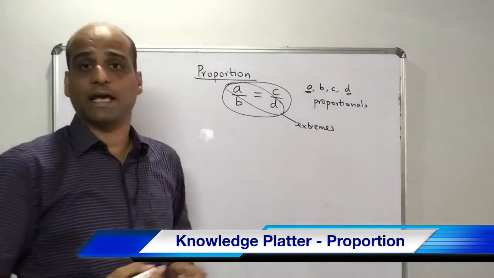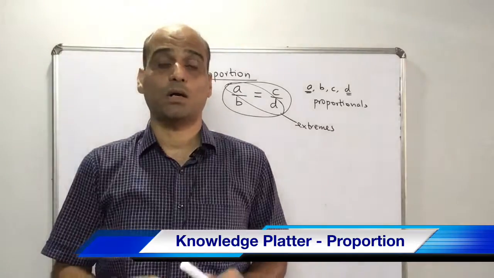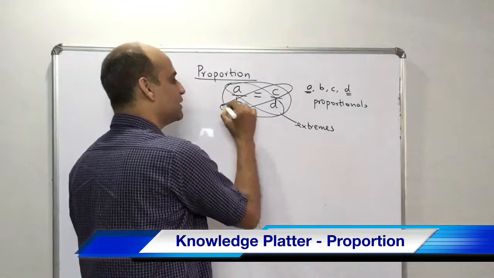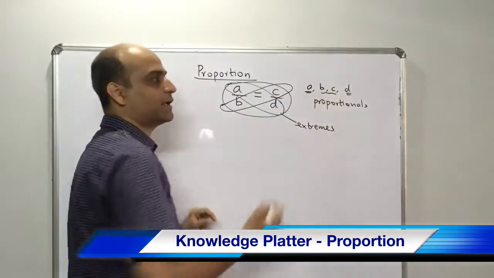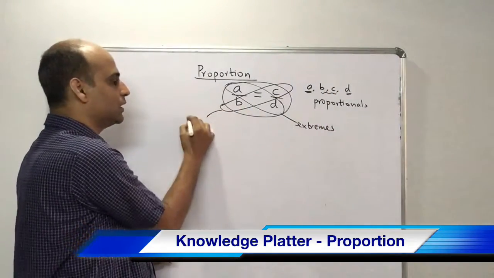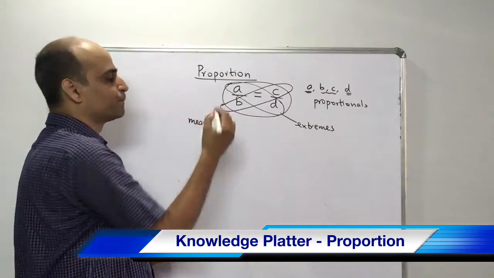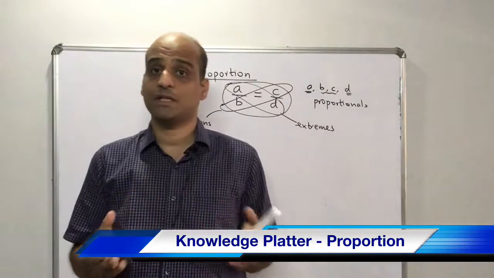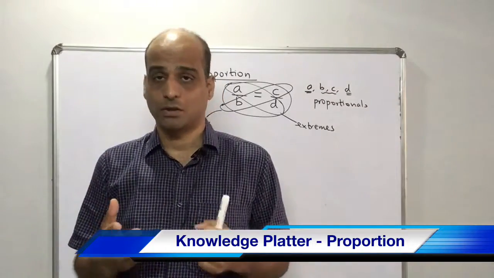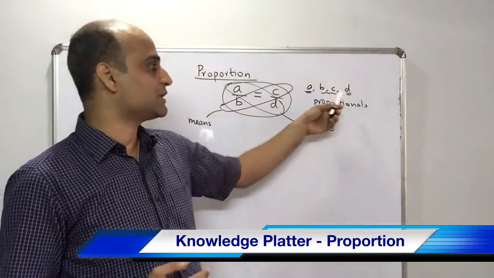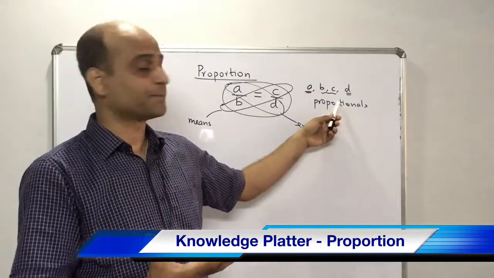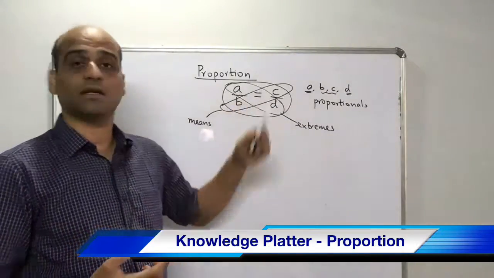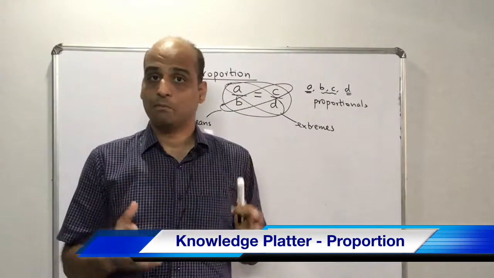So please remember, A and D are called the extremes, and B and C, the second and the third, they are called the means. So if A upon B equals C upon D, then we say A, B, C, D are in proportion. A, B, C, D together are called proportionals. A and D are called extremes, and B and C are called the means.